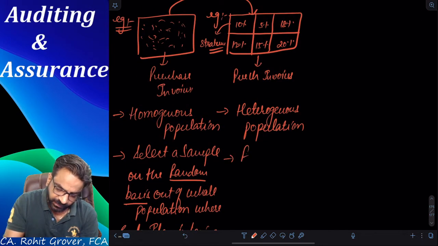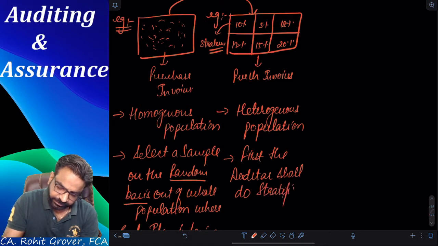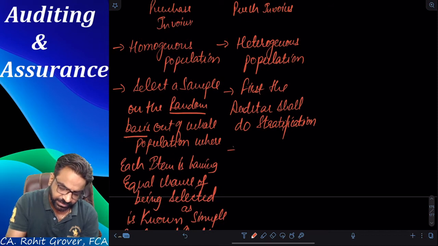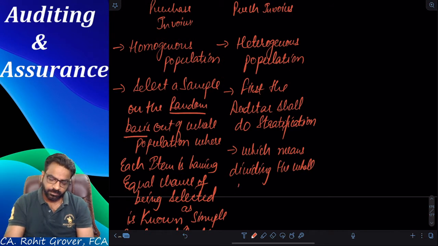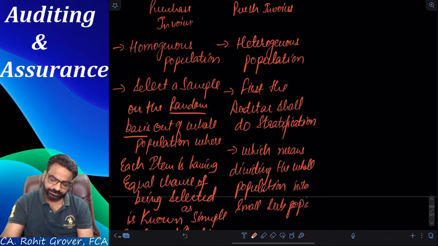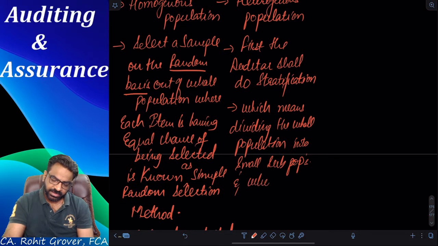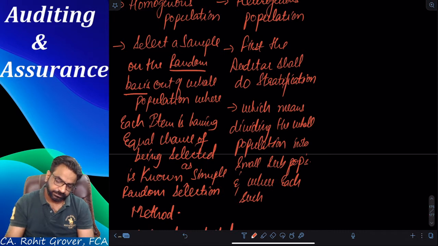Point number two, first the auditor shall do the stratification, which means dividing the whole population into small subpopulations, where each subpopulation is known as stratum.